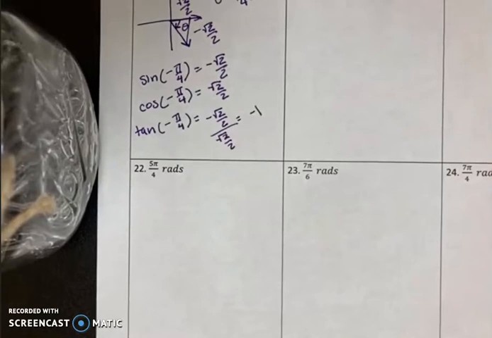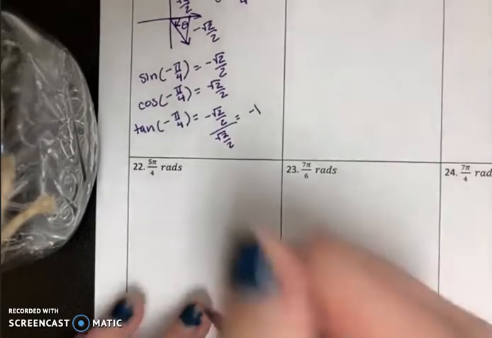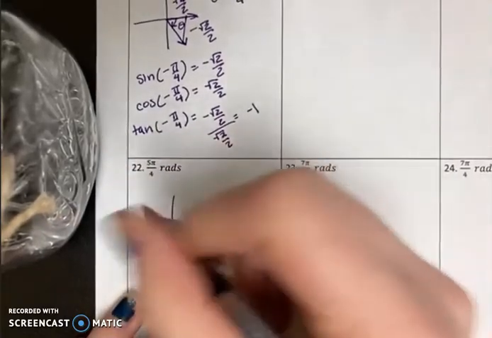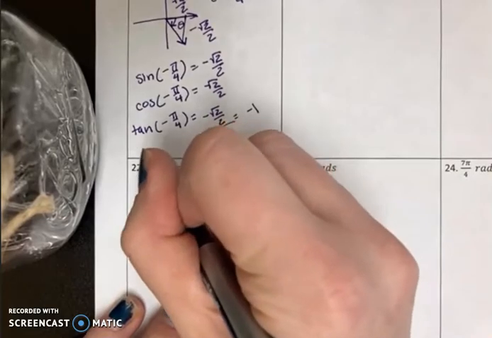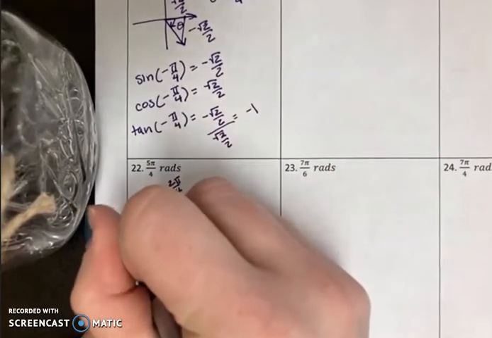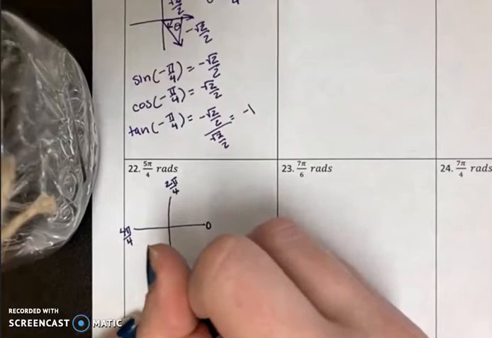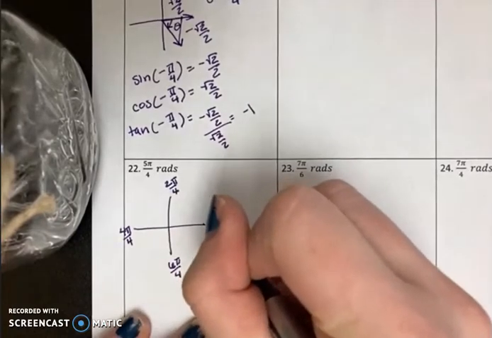And 22. 22 is right here. I'll go ahead and draw it. So this is 0. Pi over 2, which is 2 pi over 4. This is 4 pi over 4, 6 pi over 4, 8 pi over 4.